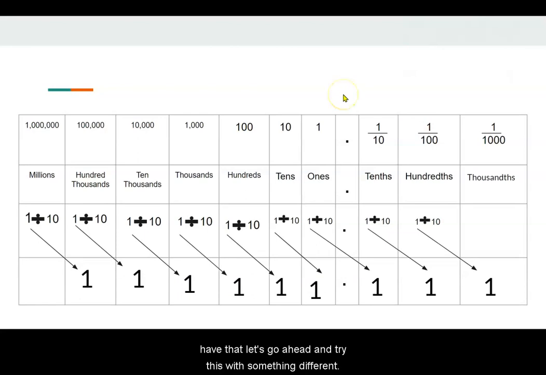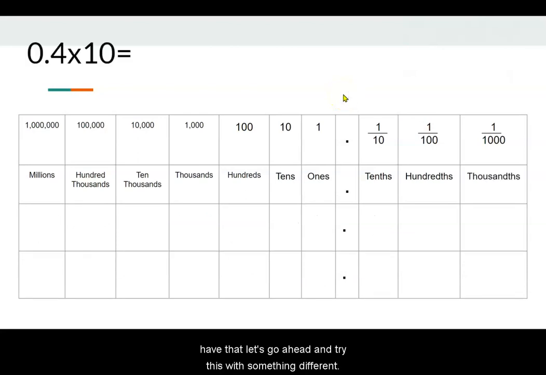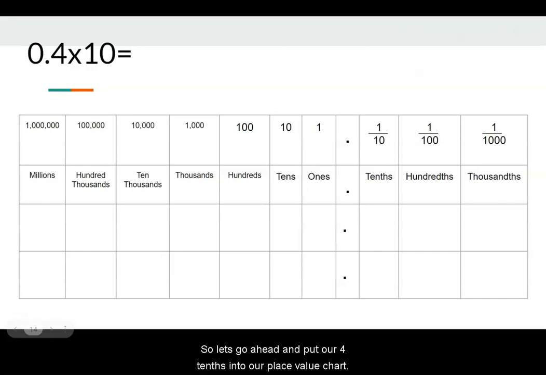So now that we have that, let's try this with some different digits. So I have 0.4, or the math way of saying this is 4/10. I'm going to multiply that by 10. So let's put our 4/10 into our place value chart. I have my tenths right here, and I'm going to put down 4/10.